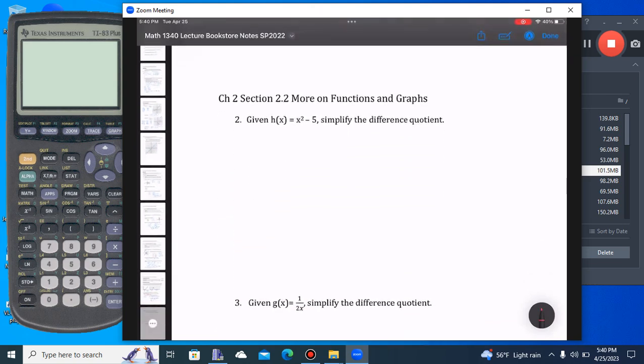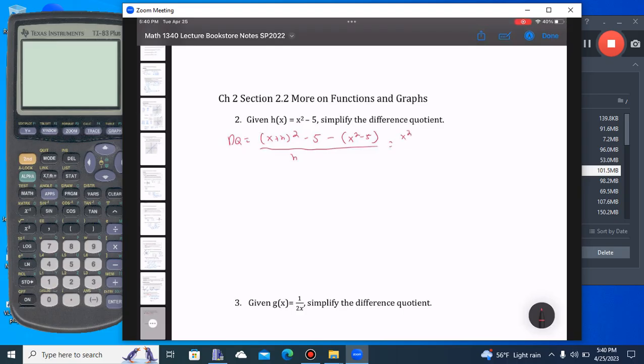All right, so h of x equals x squared minus 5. The difference quotient will be x plus h squared minus 5 minus x squared minus 5 over h. So we simplify the top, we'll multiply out the x plus h squared.